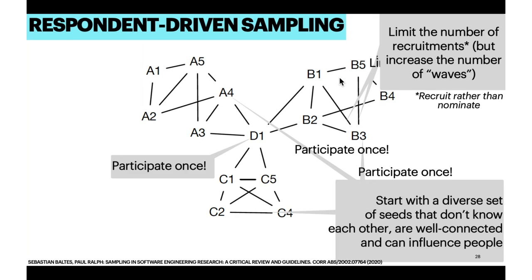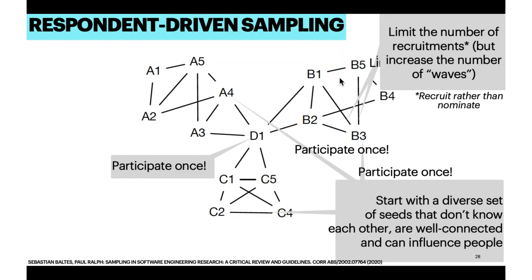Then I will ask my students to recruit their peers rather than identifying them, because this will essentially reduce the selection bias by the researcher, and also because those participants can influence their peers and encourage them or convince them to talk to the researchers much more than whatever a researcher will be able to achieve.